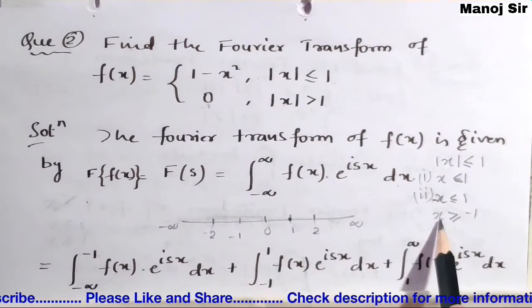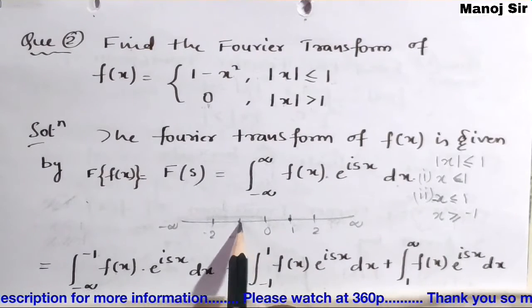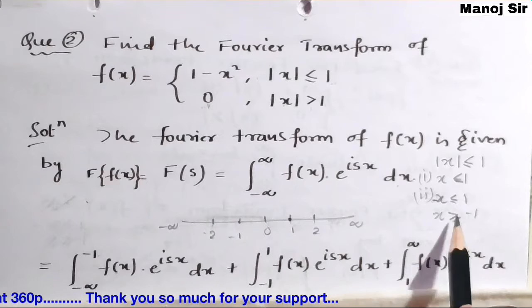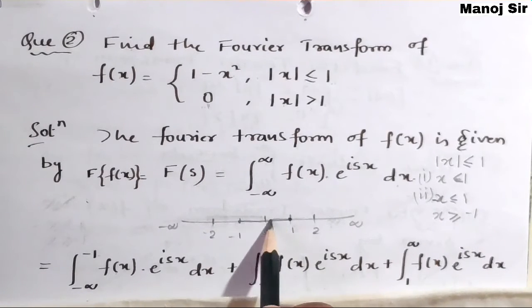It means x is more than or equal to minus 1, so from minus 1 we are going towards 0. From the first case we have 0 to 1, and from the second case we have minus 1 to 0. It means it is discussing about this position.